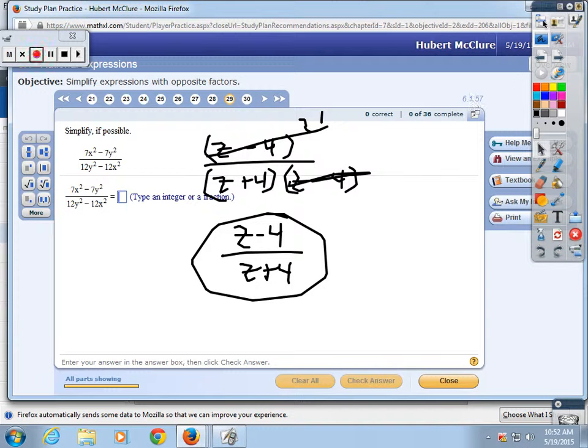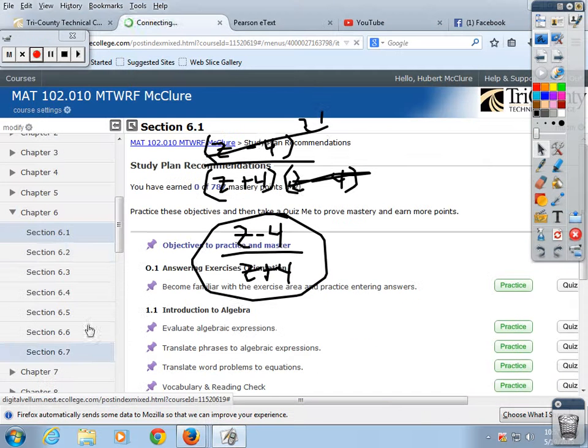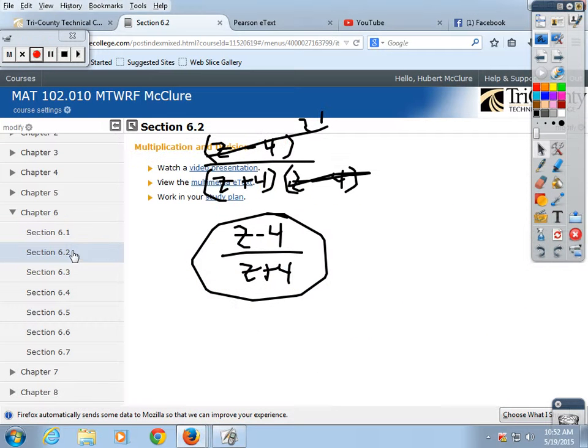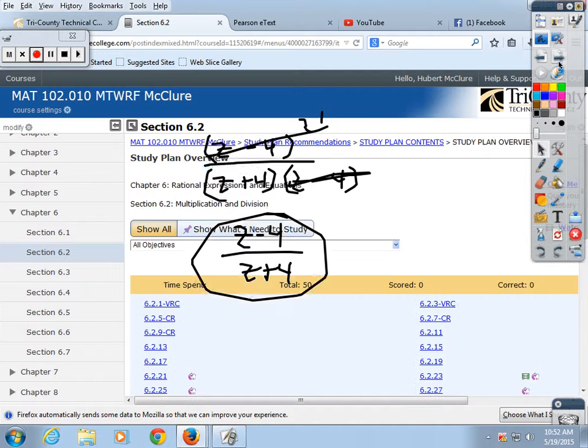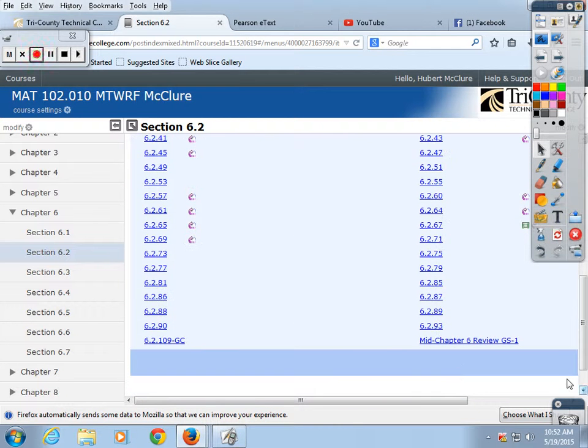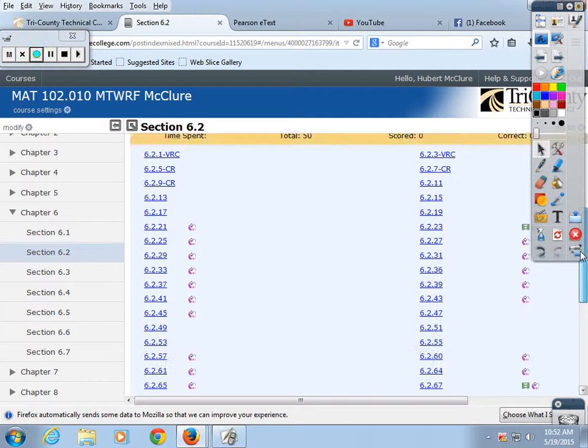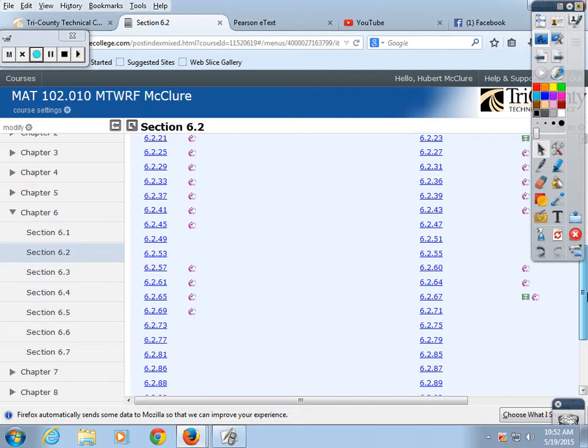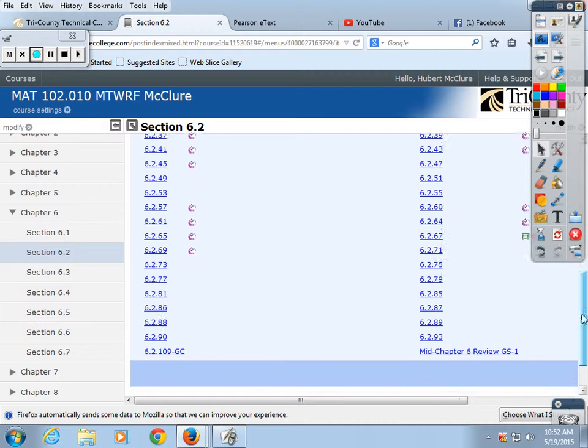All right. In 6.2, you're talking about more problems on the test. And they're not going to be the easy ones. They're going to be the ones at the end. Notice how many are in this study plan. This ain't your homework. This is a study plan. Notice how many there are. Wonder why there's so many.